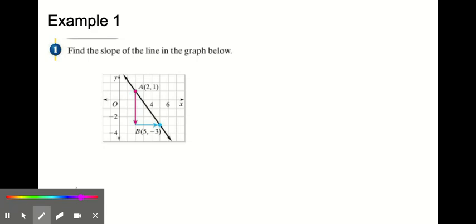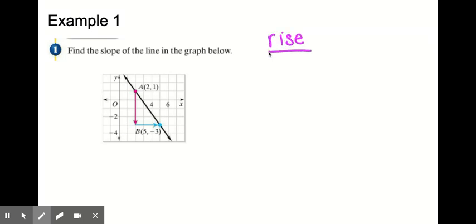So let's take a look at how this actually works. Example 1, find the slope of the line below. So we just said that slope was equal to rise over run. So if I look at this example, I see that I have 2 points. Point A is at 2, 1, and point B is at 5, -3.